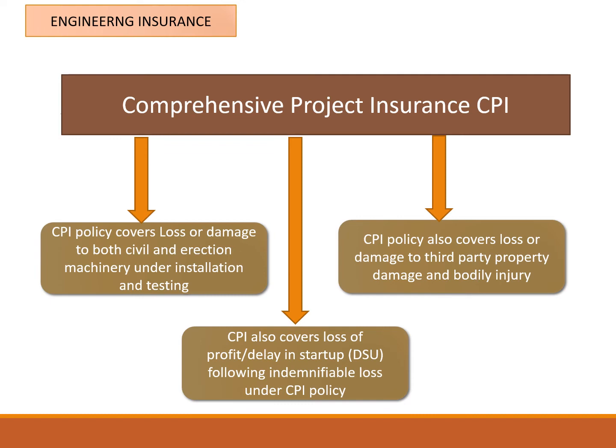For example, if there is some loss during construction or erection and the project is delayed due to this loss, then the period for which the project is delayed is compensated, because the project which should be completed on time, the COD, commercial operation date, is extended. Therefore, DSU covers these financial losses.